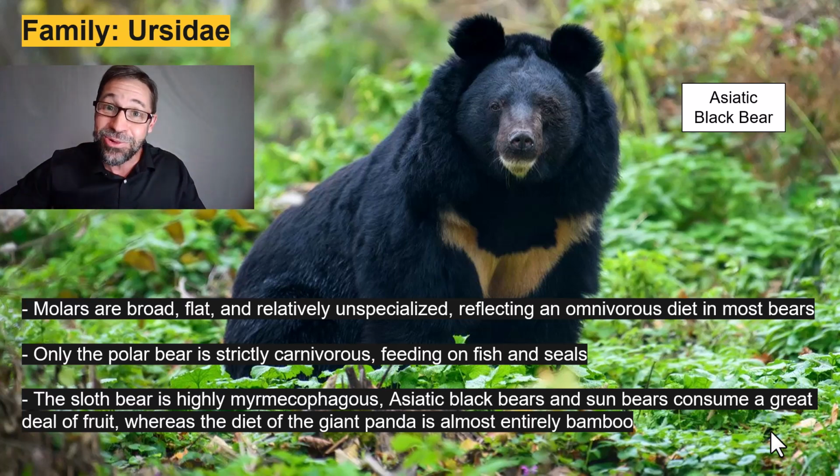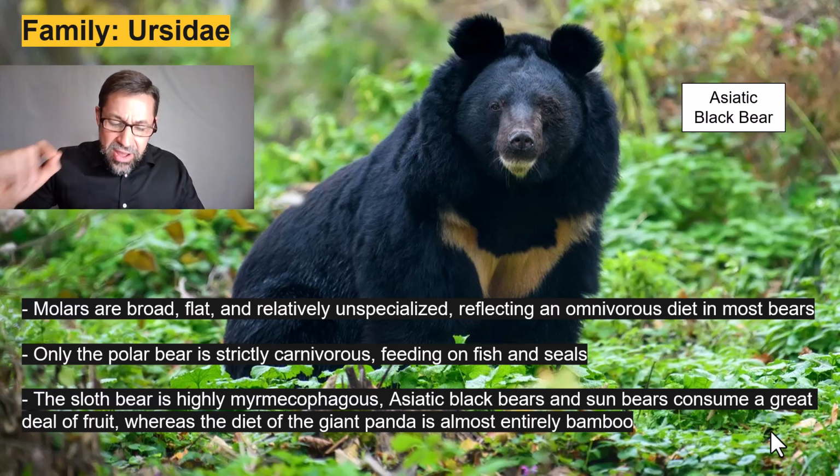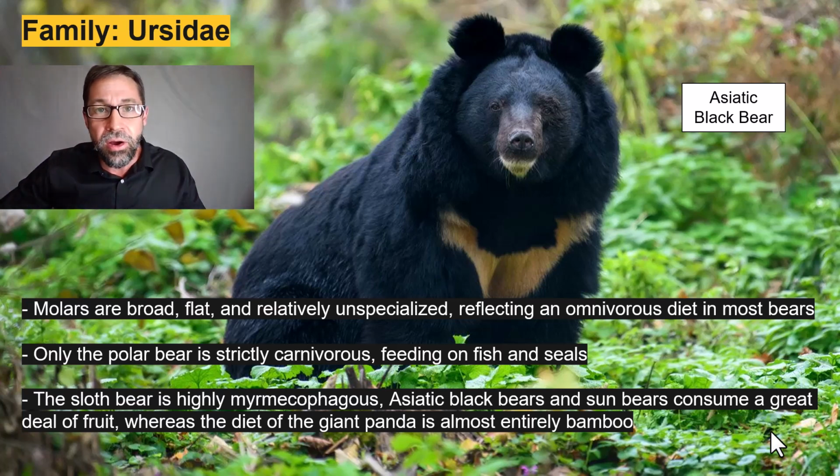That said, as we'll discuss next module, in our final module, our work in Montana in the early 2000s demonstrated just how effective American black bears can be in killing neonatal elk. So we'll come back to those carnivorous black bears. That said, only the polar bear is strictly carnivorous, feeding primarily on ringed seals on the sea ice.